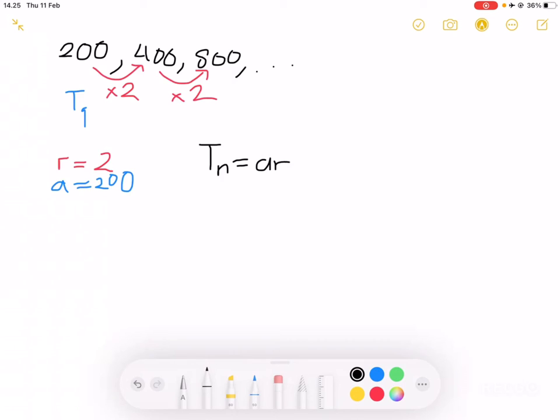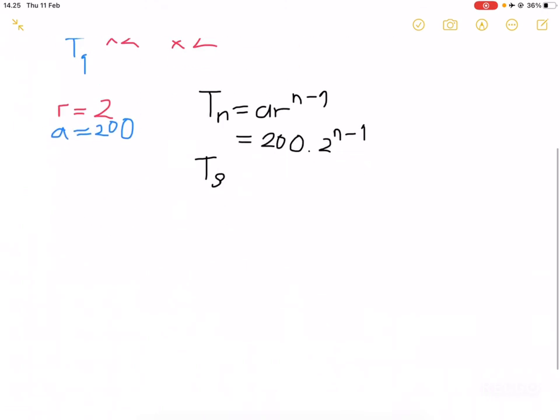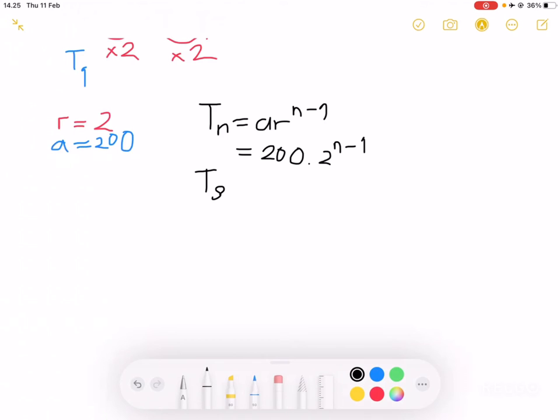So Tn is equal to a times r to the n minus 1, which is equal to 200 multiplied by 2 to the n minus 1. And we want to find T of 8, the population in year 8. So it will be 200 times 2 to the 8 minus 1. It will be 200 multiplied by 2 to the 7.